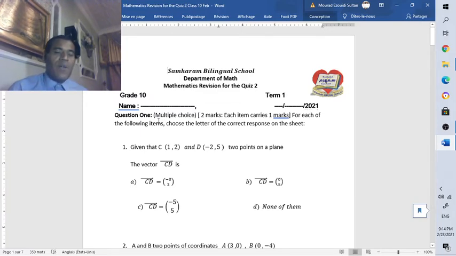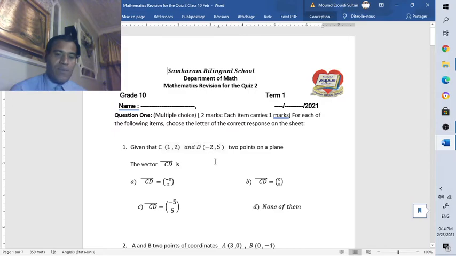In general, my learners, if we work with some questions about vectors, I will give you multiple choice questions, and each one carries 1 mark. For each of the following items, choose the letter of the correct response on the sheet.